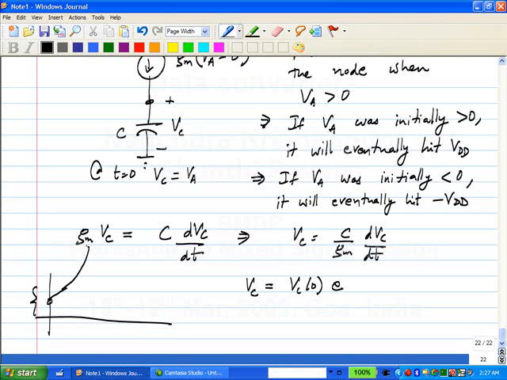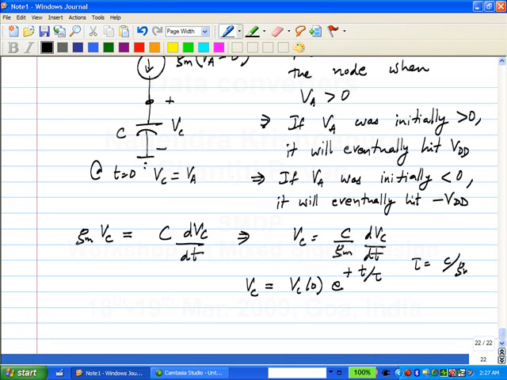Correct? So, does this look like a rising exponential or a decaying exponential? Rising exponential. So, what should be the output voltage? Vc of 0 times e to the plus t by tau, where tau is C by Gm. Does it make sense?